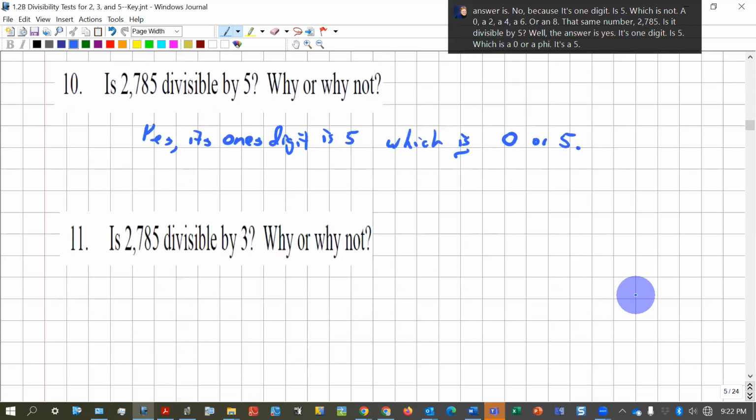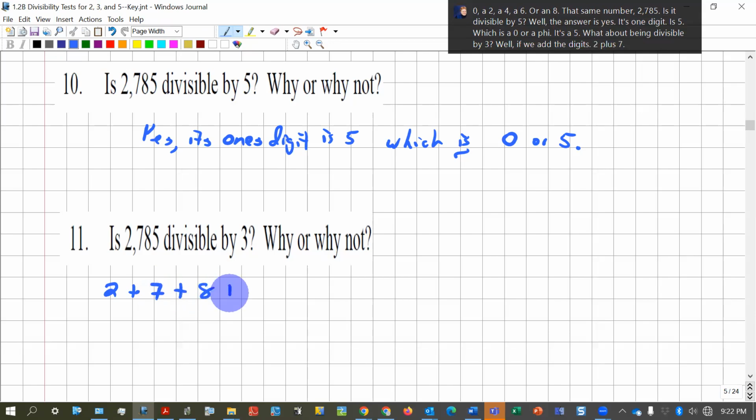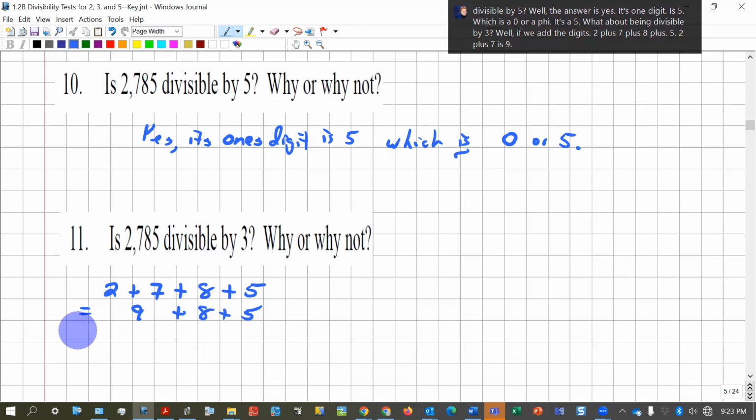What about being divisible by 3? Well, if we add the digits, 2 plus 7 plus 8 plus 5, 2 plus 7 is 9. 9 plus 8 is 17. 17 plus 5 is 22.